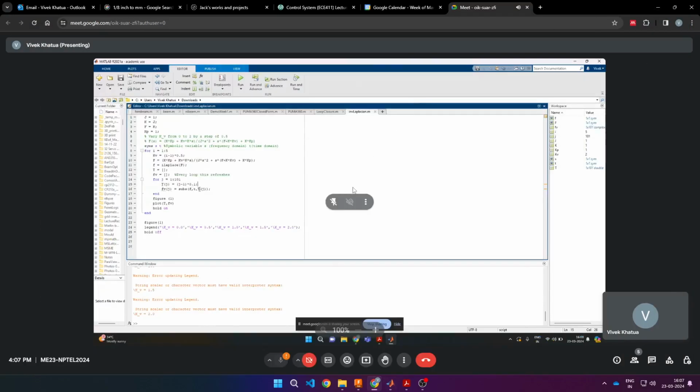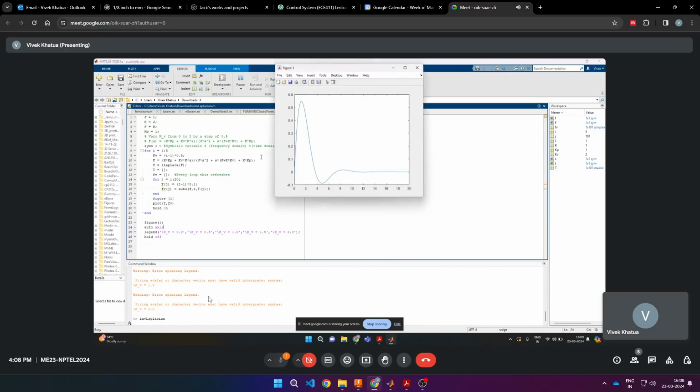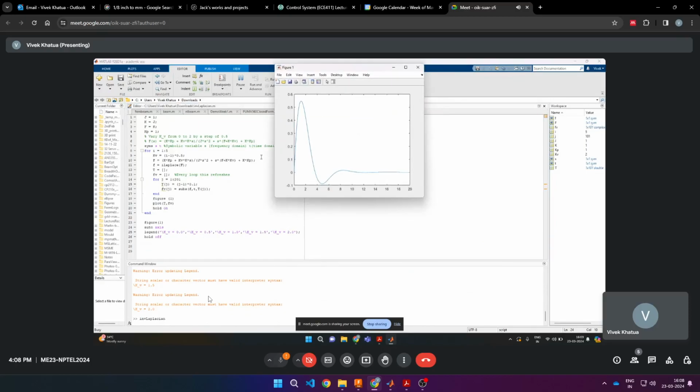Hmm. Increase the time axis. Yeah, it is much better. Why is it going negative?